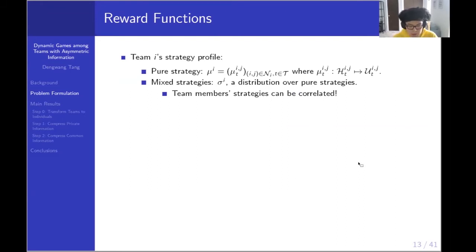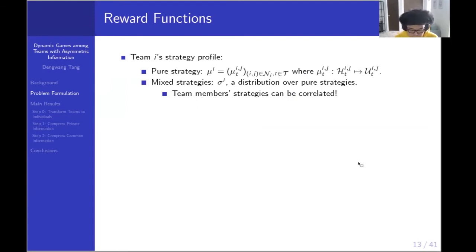So let me describe the strategy a team uses. A pure strategy of a team is a collection of functions that each member uses at each time to map their information into actions. And a mixed strategy is simply a distribution over pure strategies of a team.